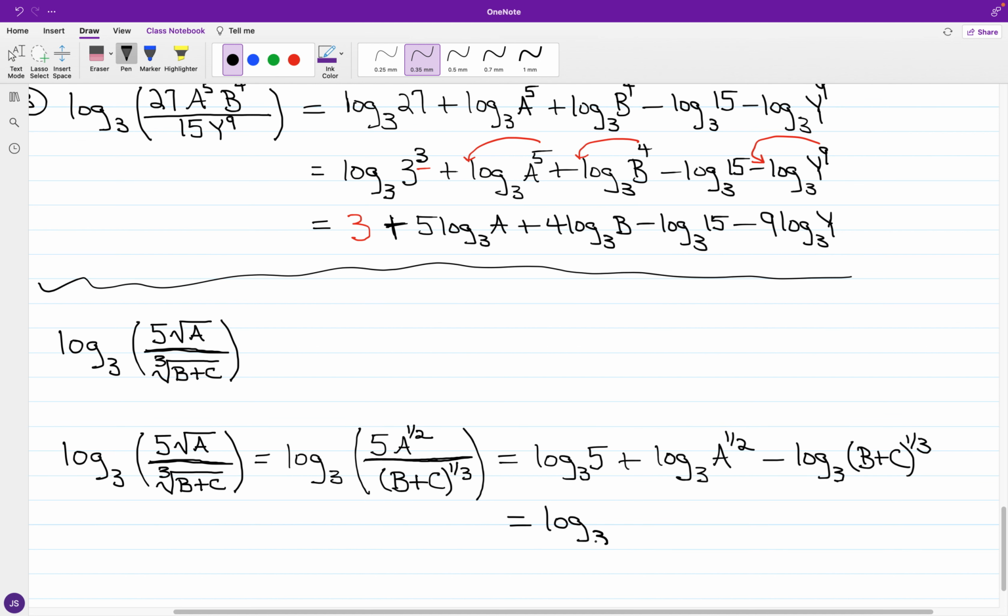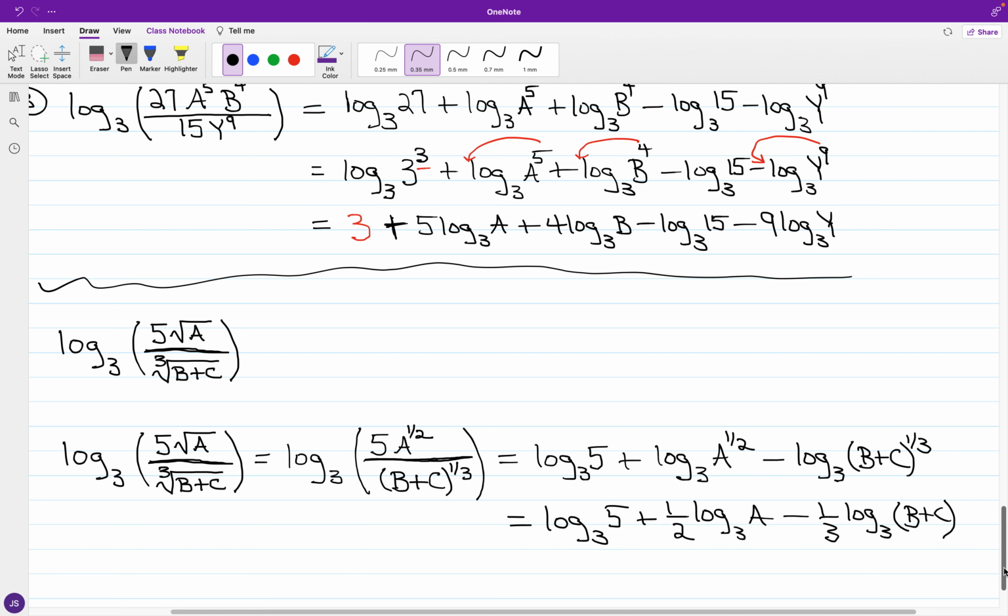Okay, and so following through, we have the base 3 logarithm of 5, and then adjusting from exponent to coefficient, I can say that I have 1/2 of the base 3 logarithm of a, minus 1/3 of the base 3 logarithm of the quantity of b plus c.